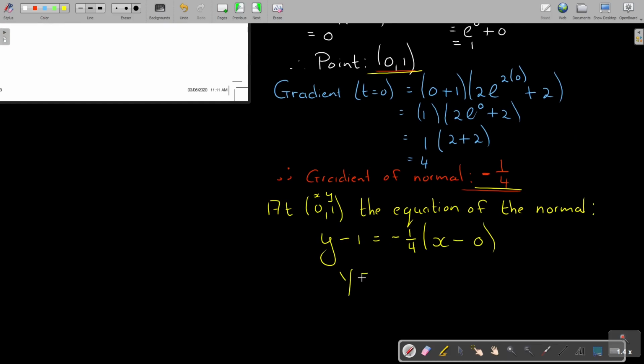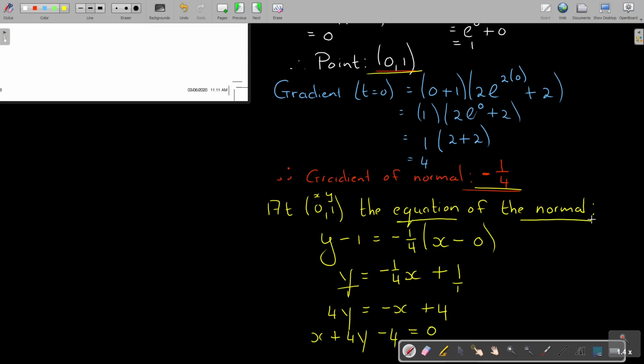So y is equal to negative a quarter x plus 1. But they want it in the other format, so I multiply by 4, so I get 4y equals negative x plus 4. And if I bring everything to this side, x plus 4y minus 4 is equal to 0. And that is the equation of the normal.